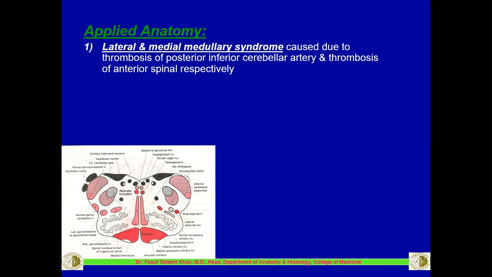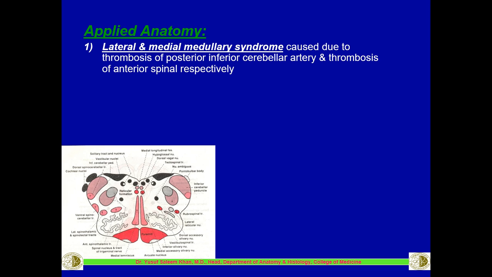Coming to the applied aspect, there are conditions called lateral as well as medial medullary syndromes. Lateral as well as medial medullary syndrome, because it is in the medulla. So if there is any damage to the medulla, that is called medullary syndrome.